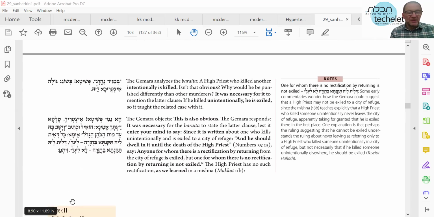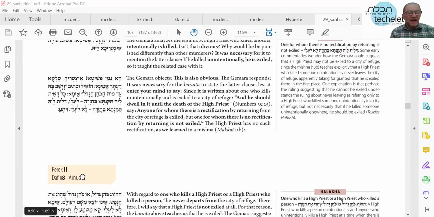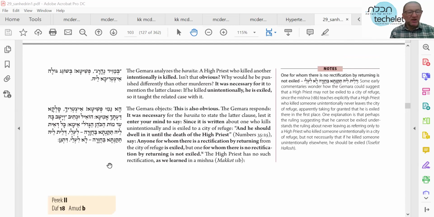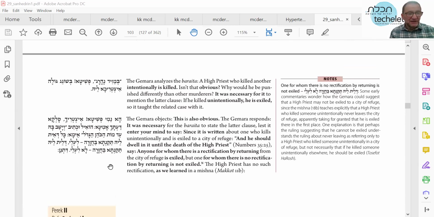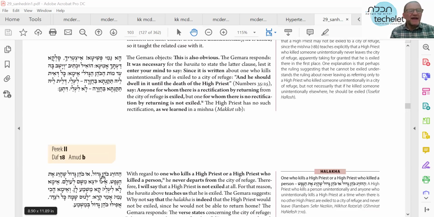Why might you think such a thing? Hatanan, because we've learned in a Mishnah, in Makkot, the following Mishnah. Hahoreg Kohen Gadol, somebody who kills a Kohen Gadol on purpose. Or Kohen Gadol shehareg et hanefesh. No, not on purpose.